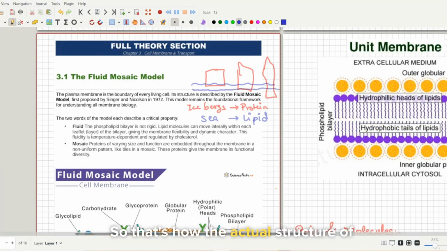So that's how the actual structure of the cell membrane looks. The protein molecules are really large, while the two layers of lipid, that is the sea, are really small in quantity compared to the proteins. You don't have to literally take the example of sea and icebergs, because obviously the sea is more than icebergs, but in this sense the lipid is the sea and proteins are the icebergs that are embedded.